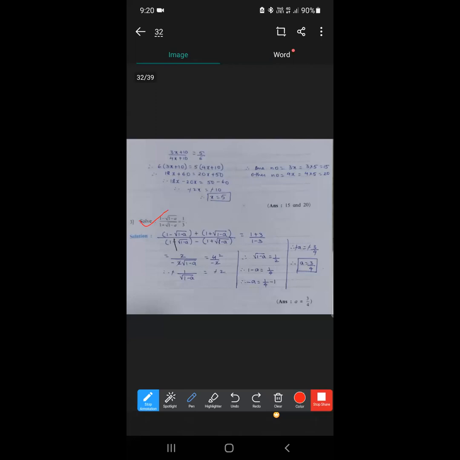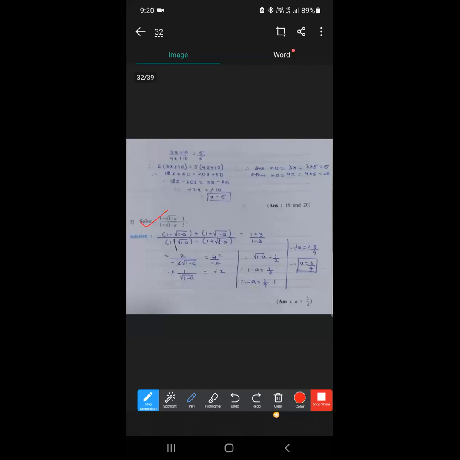Okay, so what we will do is add and subtract. See, in the denominator we have 1 plus under root 1 minus a. If you compare the numerator and the denominator, they are similar except for the sign.